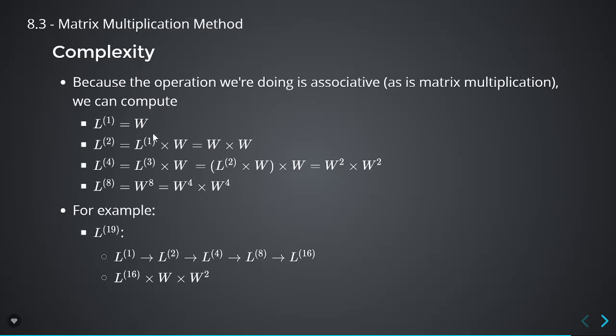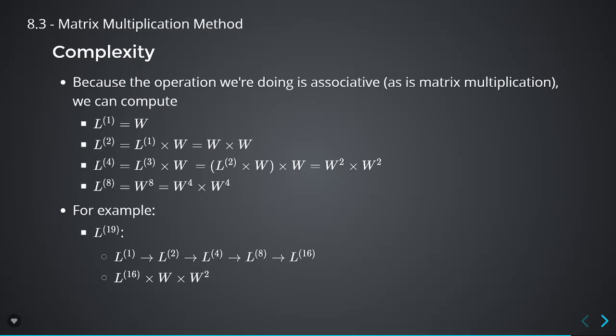If you want to compute L2, you're going to use L1 together with the adjacency matrix to get L2. And to get L3, you're just going to do L2 times W, say. This is what L3 is.